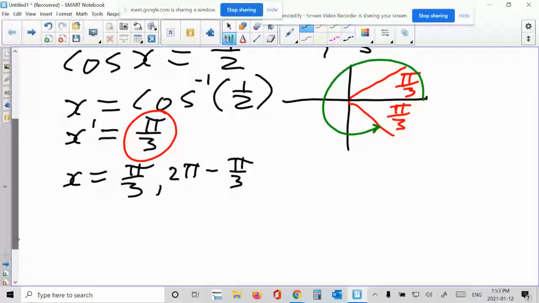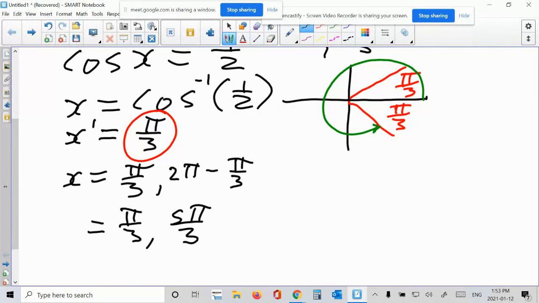So what does that actually mean? My second answer, and I'm going to tell you what that is, and Brandon has already jumped the gun, and so has Quinn, and so has Chrisania, all of them doing a brilliant job, 5 pi over 3. So those are my two answers, right? And how do I know where to put those answers? Go back to what Quinn answered a few minutes ago.